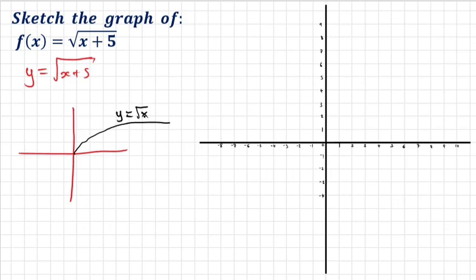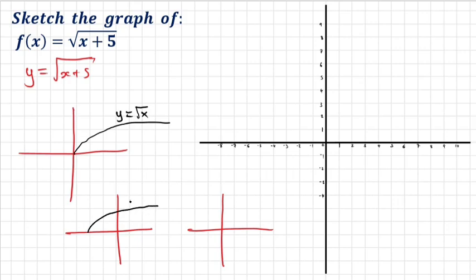So, if that's the case, whatever you add or subtract inside the square root will cause the graph to move to the left or to the right. I'll draw another graph here and another one here. If the graph is to move to the left, maybe it passes here like this.